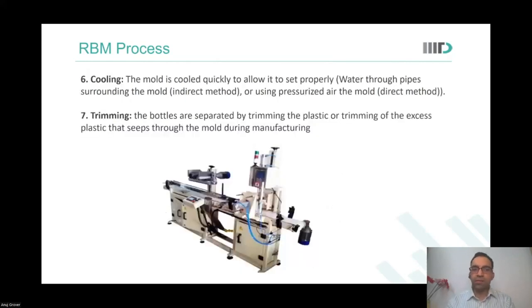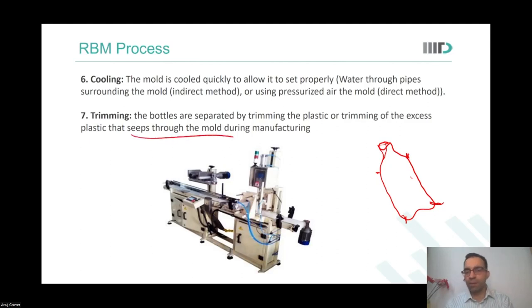After the shape is there, then you cool the bottle, and the bottle, you will notice, may have small rough corners here and there. From wherever your mold had a little gap, some plastic would enter in that place also. So that part is removed. That part is trimmed, the part that seeps through the mold during manufacturing.